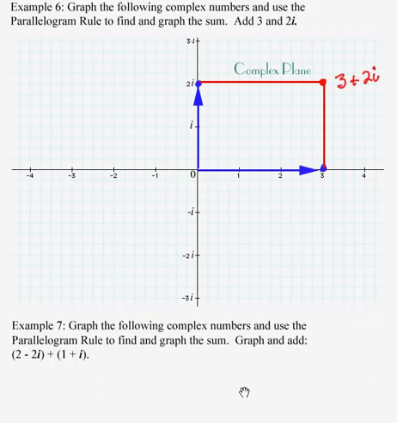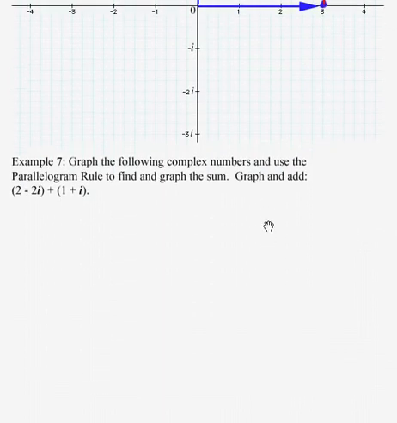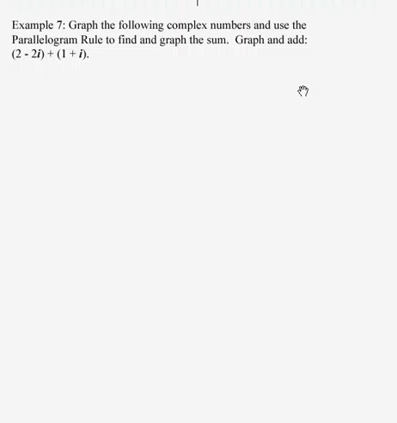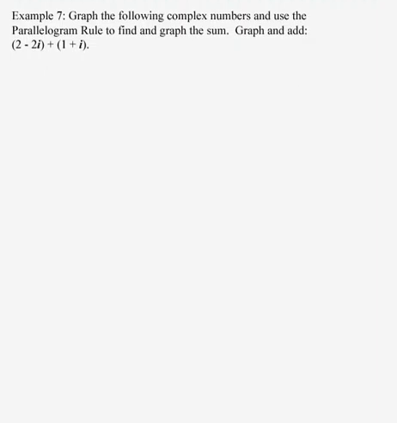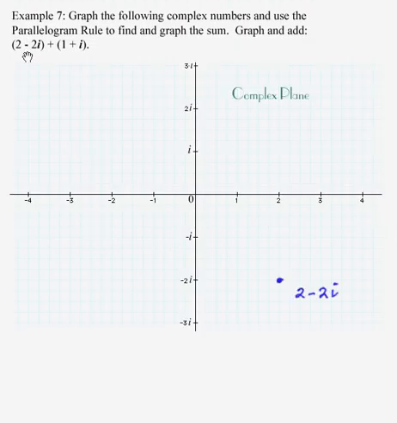Alright, let's graph the following complex numbers for example 7 and then use the parallelogram rule to find and graph the sum. So let's look at 2 minus 2i. So it's 2 units on the real axis, negative 2i units on the imaginary axis. Plot that point. 1 plus i, let's locate that. So that's 1 on the real axis, up i on the imaginary axis, label that point.